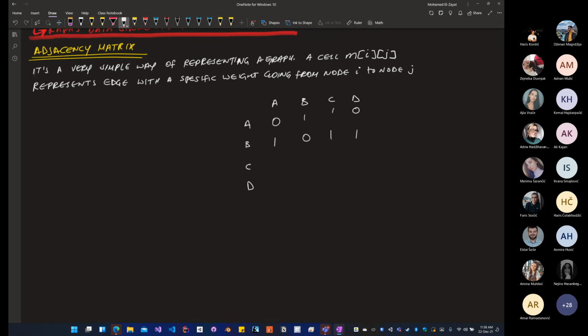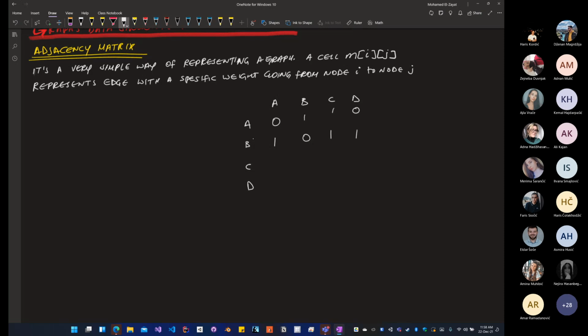You don't care about what weight they are going to be. It's just simply zeros and ones, and you don't care about the weights altogether. And if it is undirected, then you could just specify that on how you draw the graph, so practically speaking you don't care about the order.